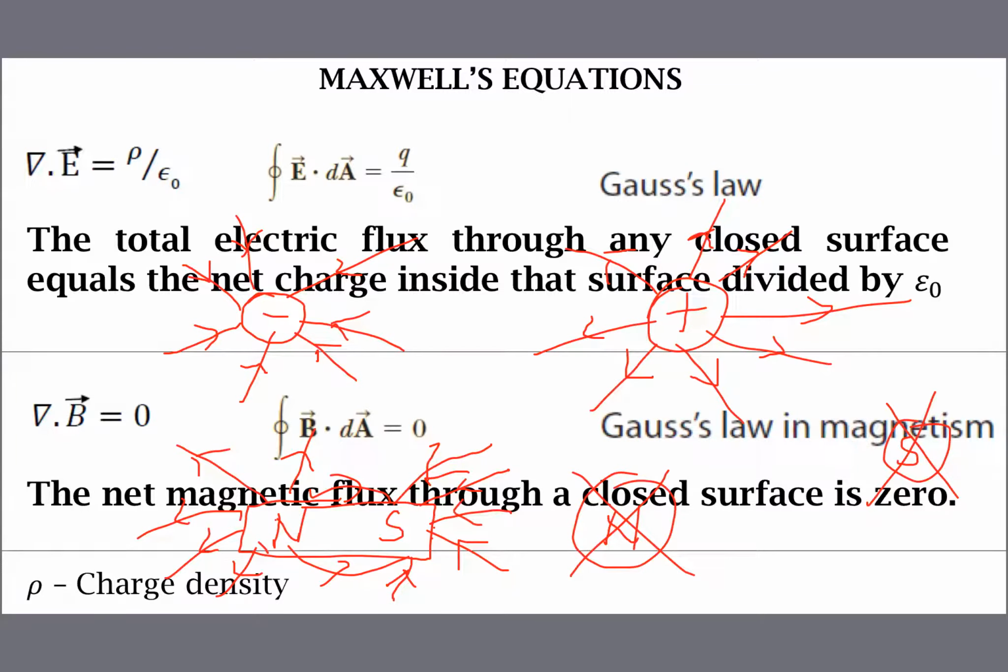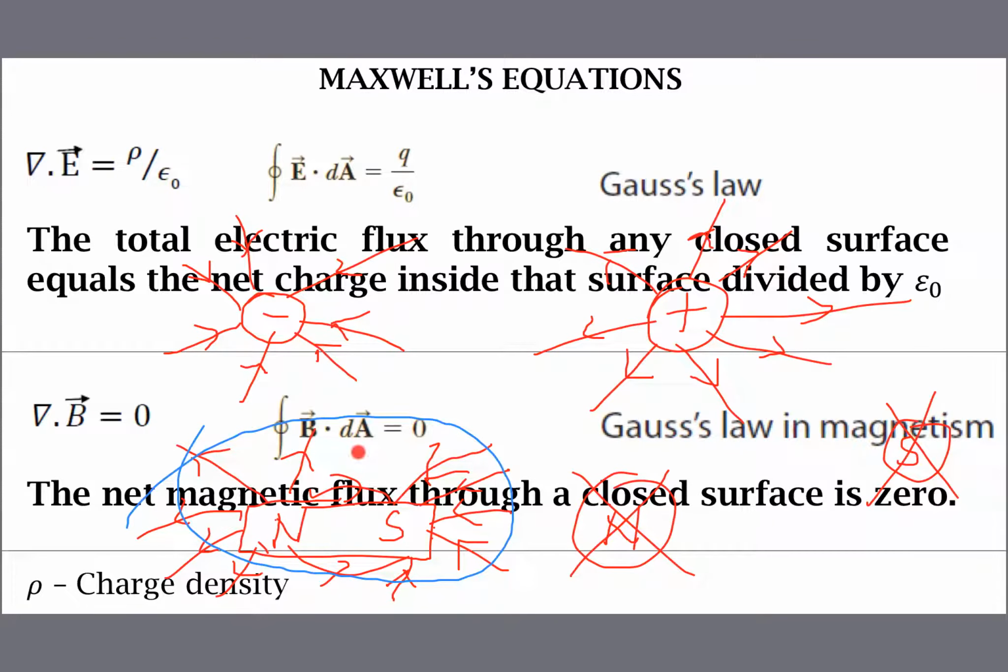So if you now take this magnet and you enclose it in a particular volume, the number of lines that go out must be equal to the number of lines that come in. And that will mean that the divergence of the magnetic field vector is 0.